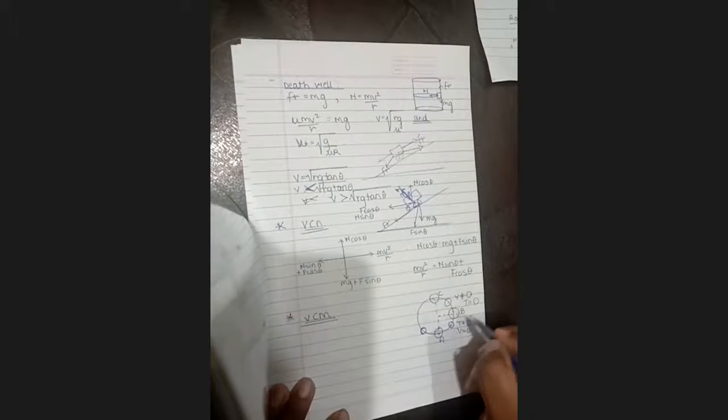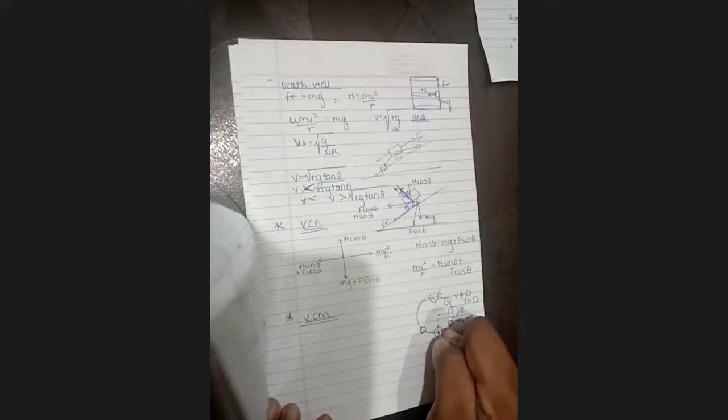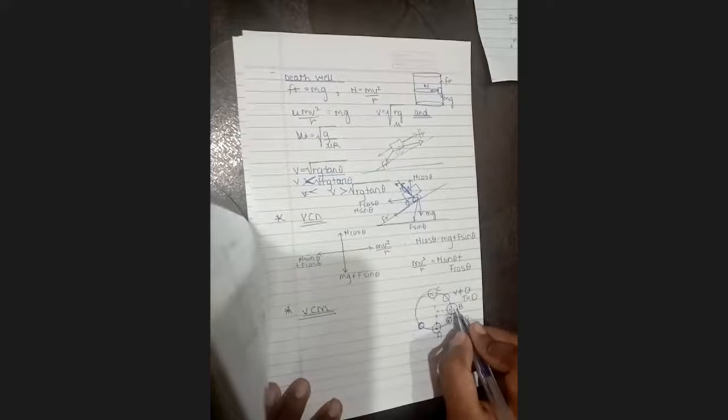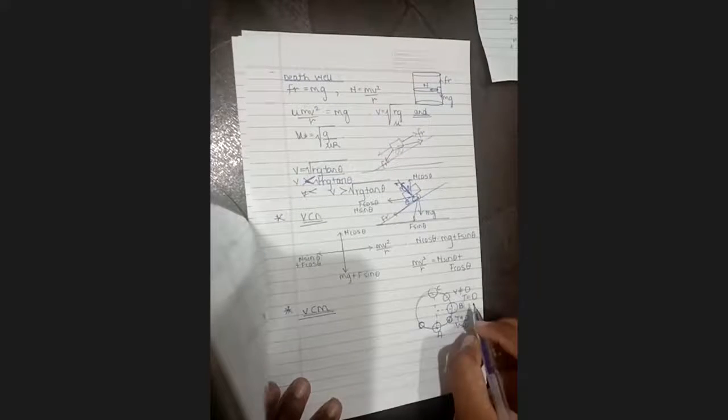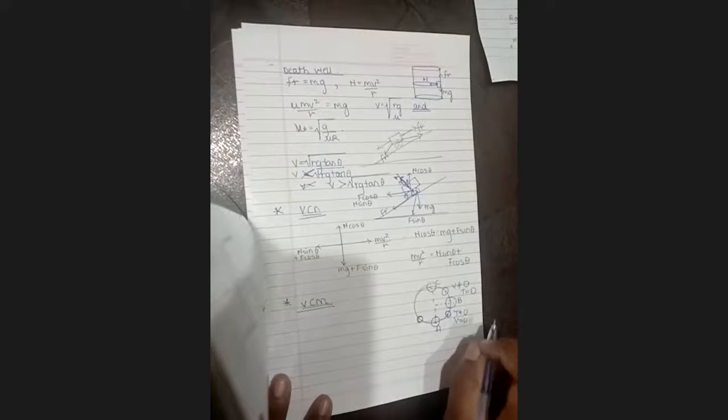And if tension is greater than zero, it will continue to complete the full circle. Now there is a critical point of velocity. So what is a critical velocity? It is the velocity at any point where tension is greater than zero.